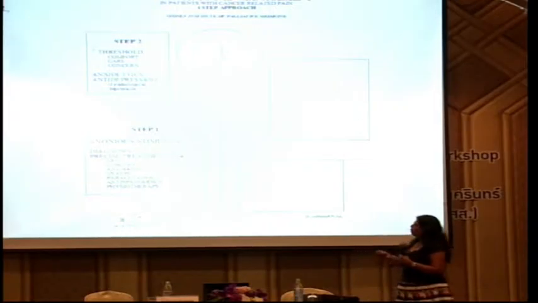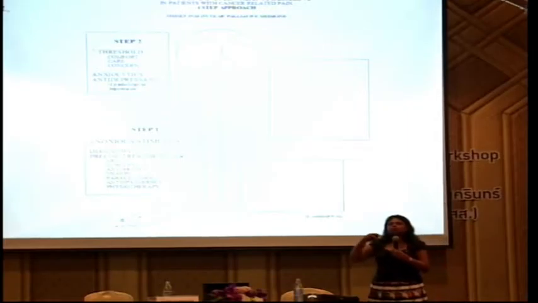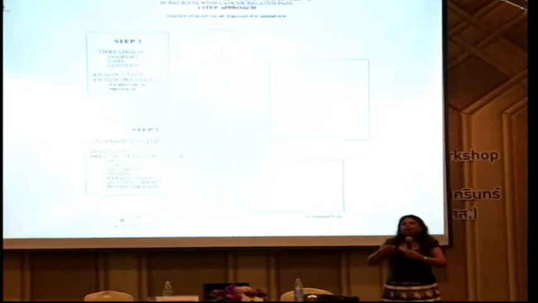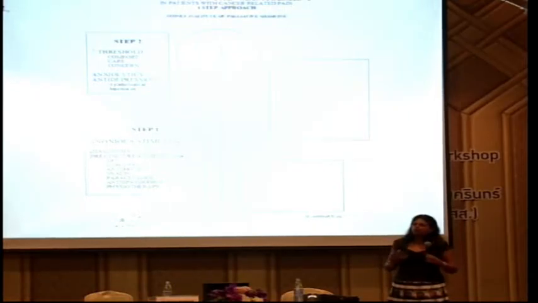When bad news is given, their pain is going to be worse. And what we call is there's a threshold shift. So the threshold to feel pain is low, so it becomes exaggerated. So we need to understand that and provide support.